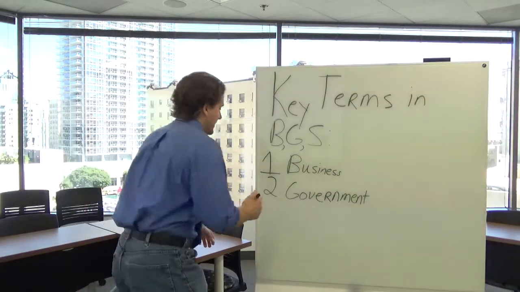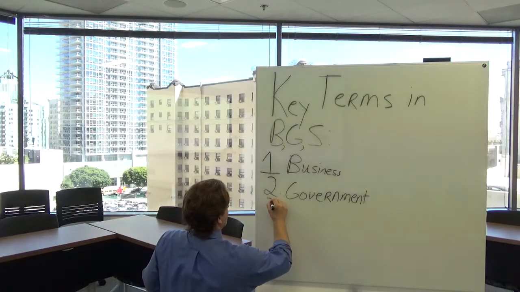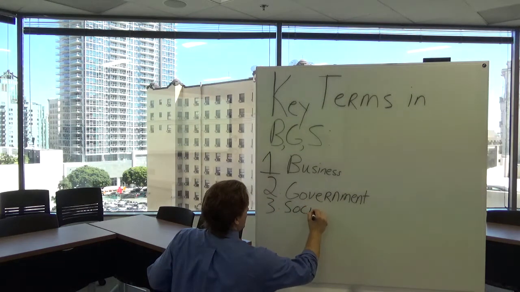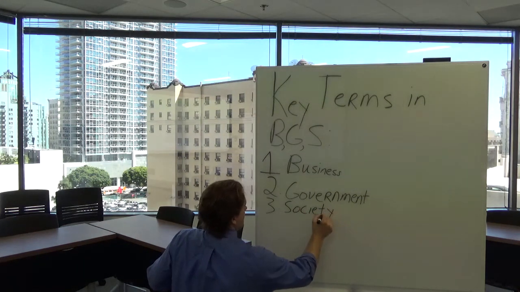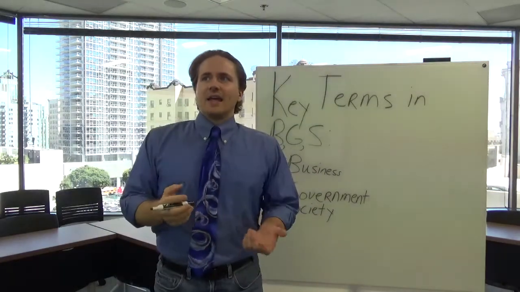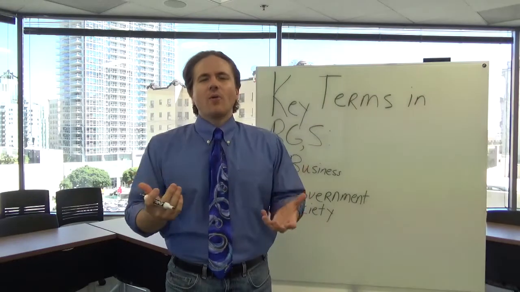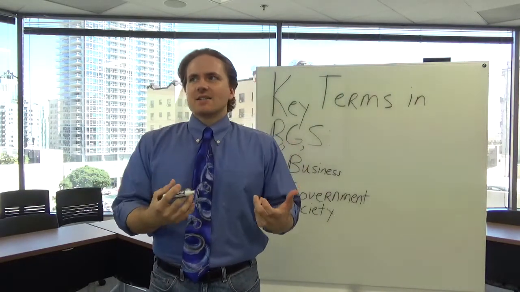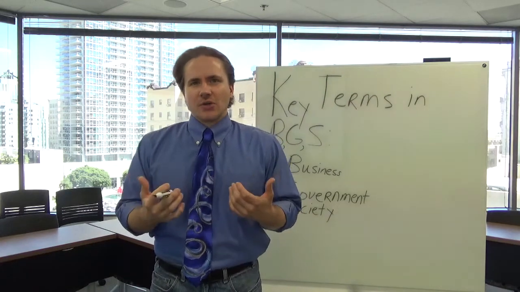Then we have society. A society is a network of relationships between people, ideas, institutions, and material things.